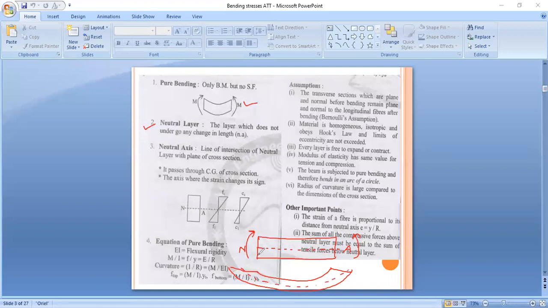Now see here. Neutral layer means in that layer there is no change between the length before bending and after bending. This length remains the same before bending and after bending. Just remember that at the neutral layer there is no change in length, before bending and after bending.